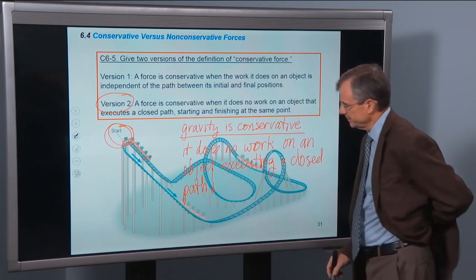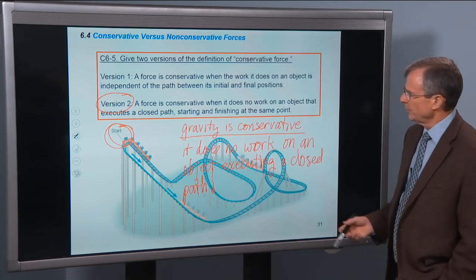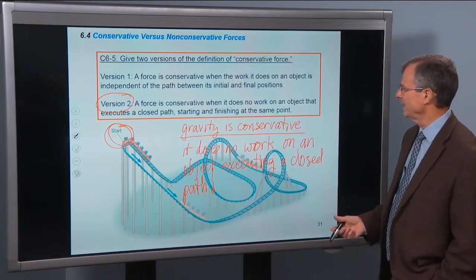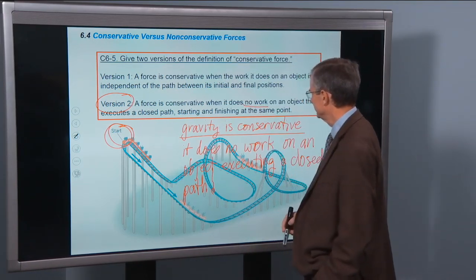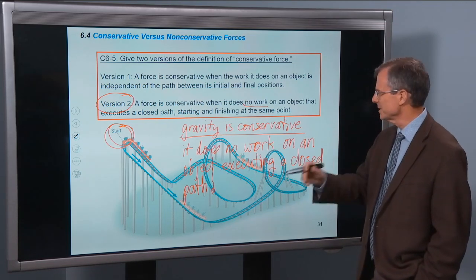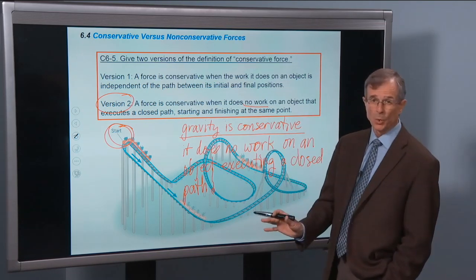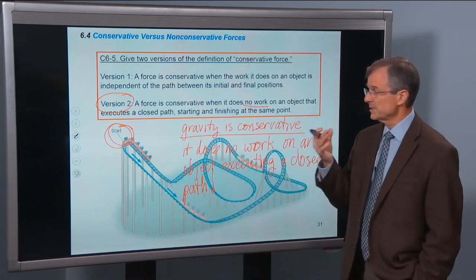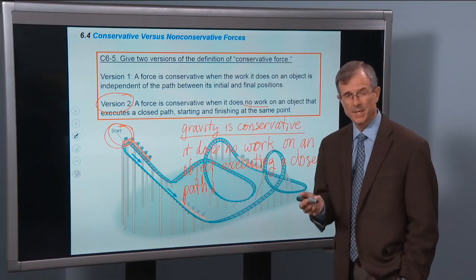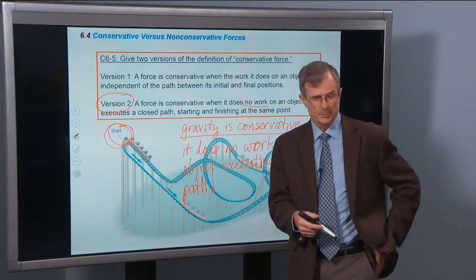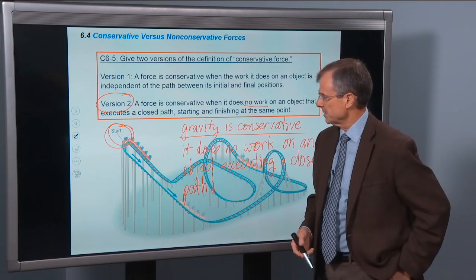All right. A force is non-conservative when it does some work on an object. So a force is conservative if it does no work. The work is zero. But it's non-conservative if it does some work. Friction is an example of that, like we saw in the video. It does a negative amount of work.